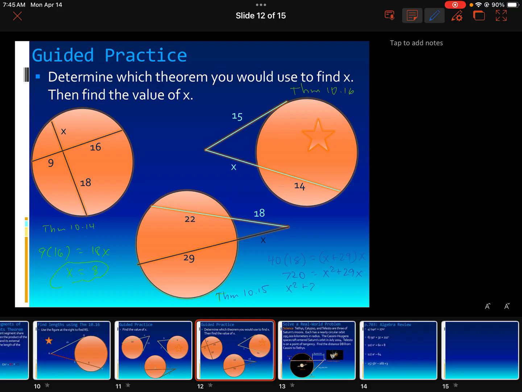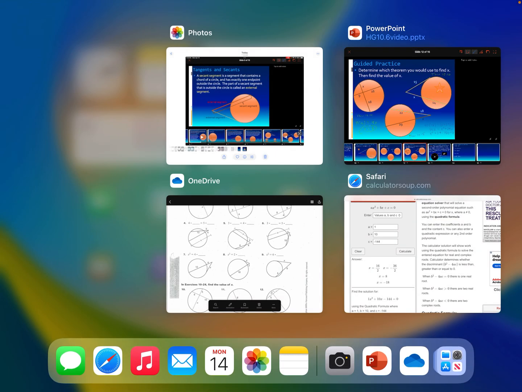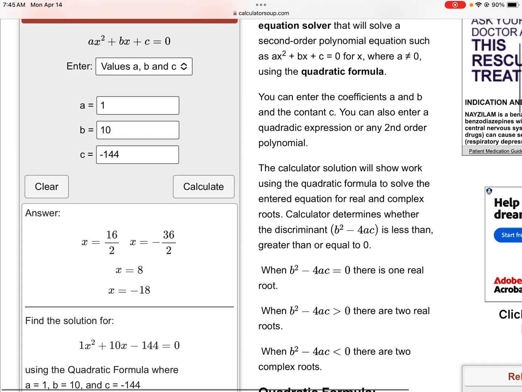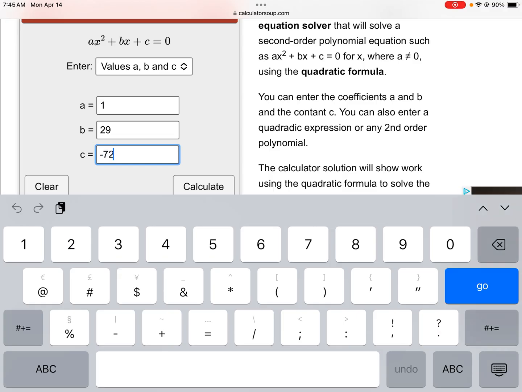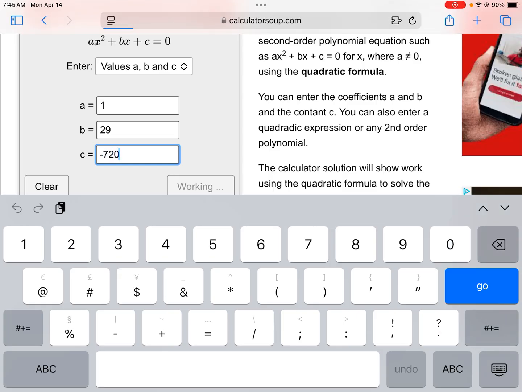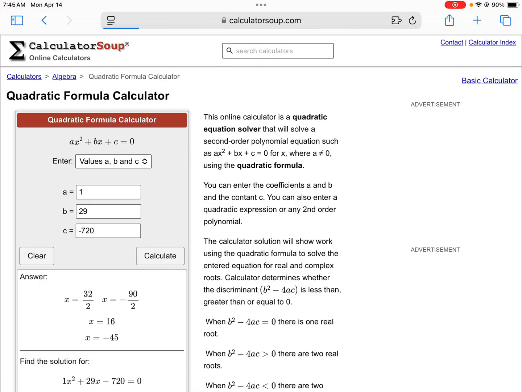I'm not even going to mess with this guy. It's going right into the quadratic equation calculator. 1, 29, negative 720. Okay, good.